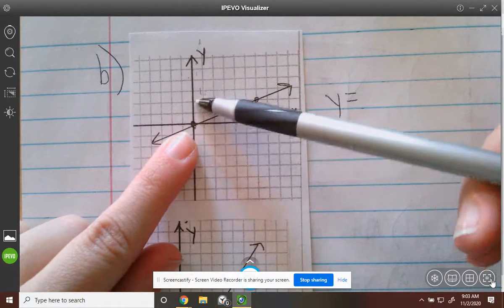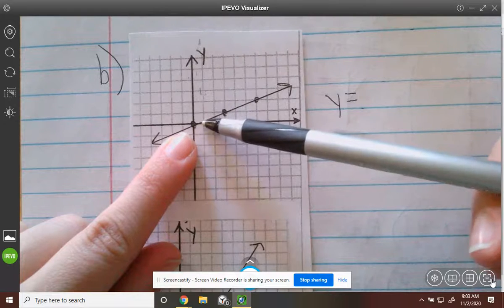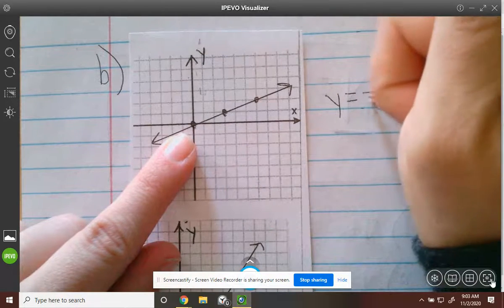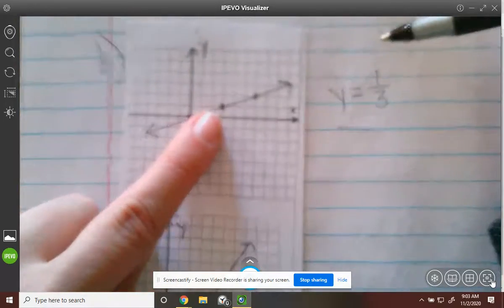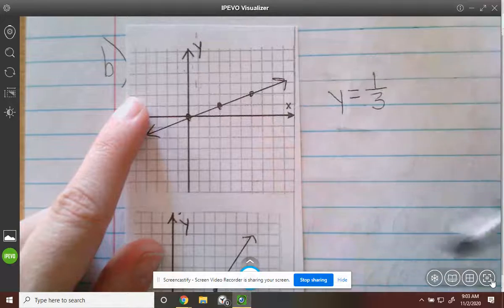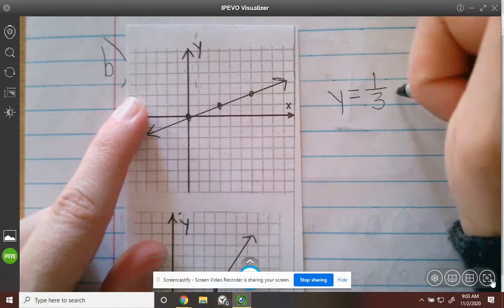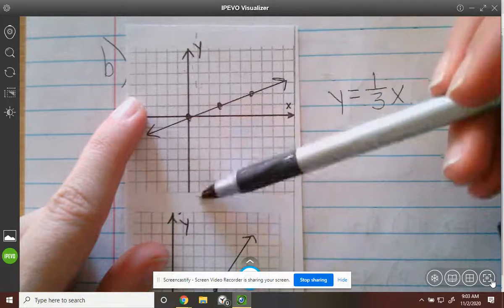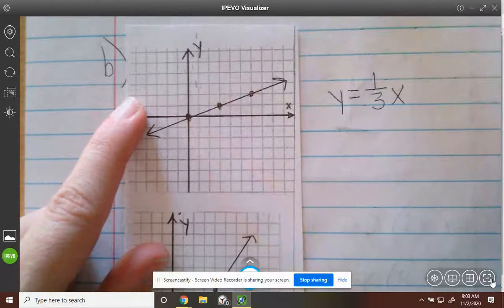How far up do I go? 1. How far over? 3. So my slope is going to be 1/3 because I went up 1 over 3, and it's positive because I'd be going puff, puff, positive up that mountain. After your slope, don't forget to put your x. And then where is it crossing my y-axis? Right there at 0. So I could put plus 0, but it looks better with just that.